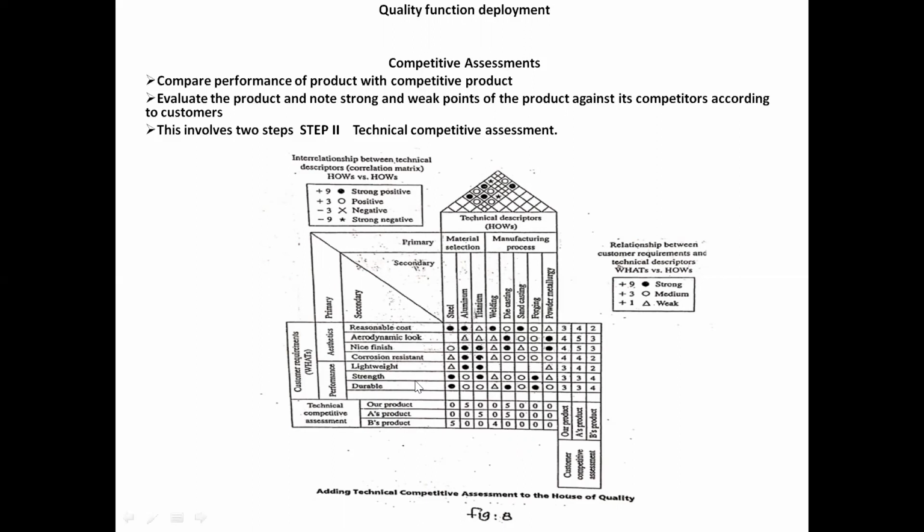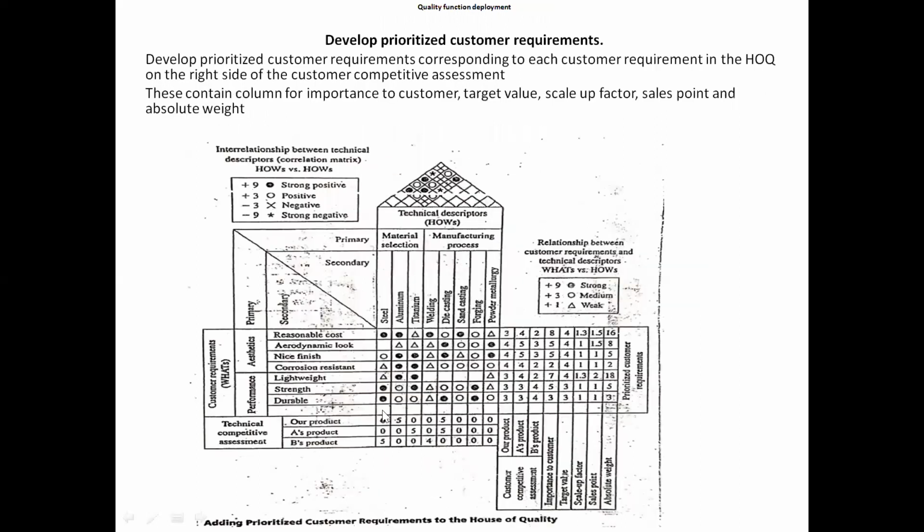So far we have done what, how, what and how, how and how, customer competitive assessment, technical competitive descriptors. Next step, we are adding the prioritized customer requirements. That means we are adding importance to the customer, target value, scale-up factor, sales point, absolute weight. So we are adding 8, on a scale of 0 to 10.